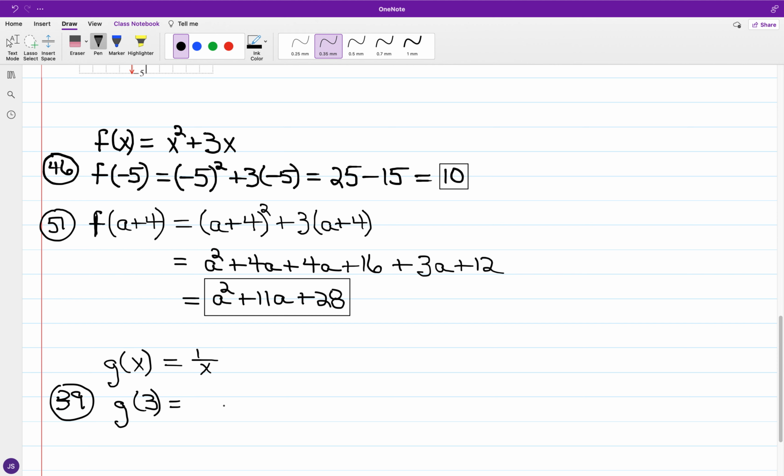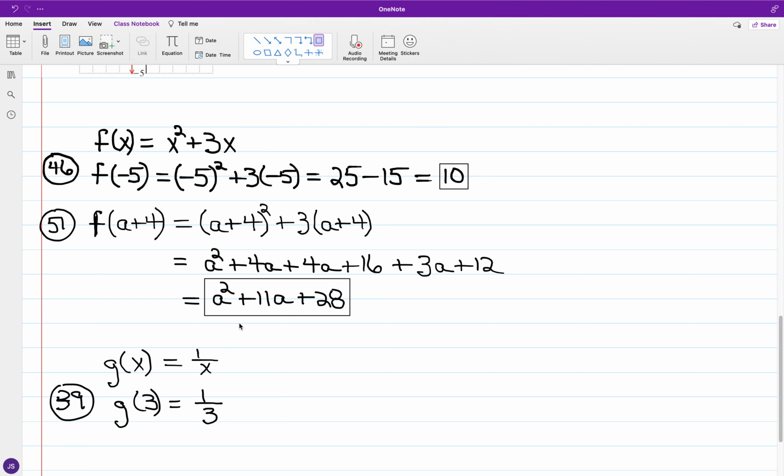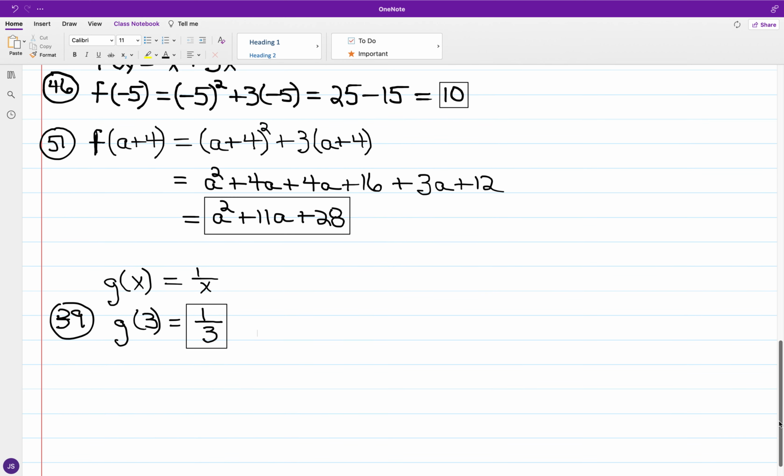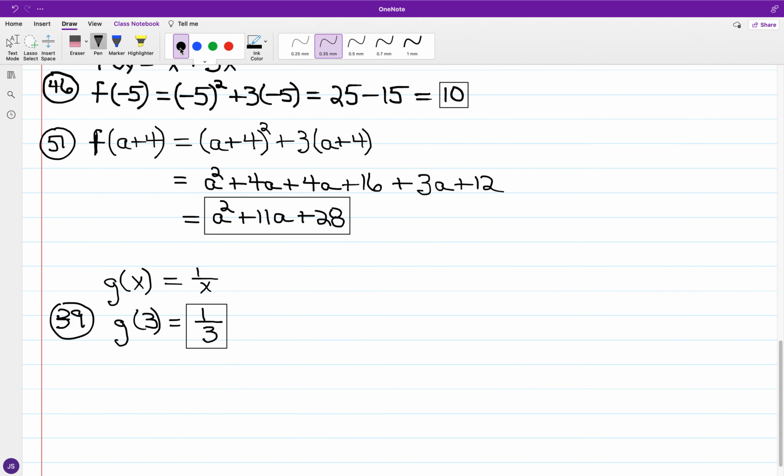In this one, the only thing we had to do is substitute, so g of x becomes g of 3, and 1 over x becomes 1 over 3, just with inputting 3 for x. So we have a very short answer item where g of 3 is equal to 1/3.